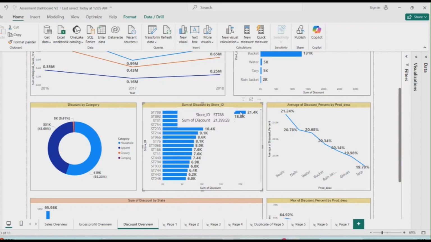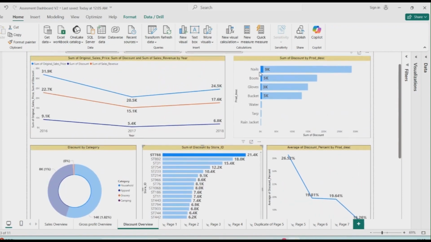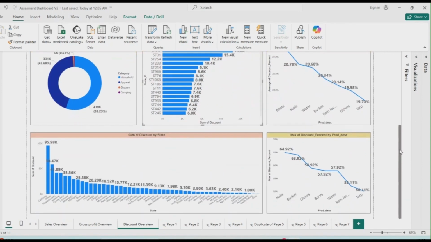If I click on this particular store, I can clearly see the maximum discount offered for nails and boots. And if you see the average discount offered, for nails, this store offered an average discount of 26.52%, which was highest. Then we have boots, with an average discount offered of around 19.81%.